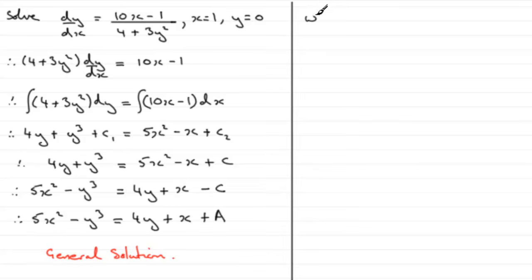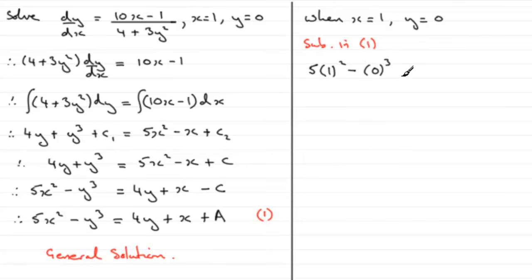So if we say when x equals 1, y equals 0, and we'll number this, say 1, we'll sub these values into 1, and what we have is that 5 multiplied by x squared, x being 1, so put that in as 1 squared, minus y cubed, y was 0, we'll just put the 0 there just to show that we did pass through that stage, equals 4 times y, y being 0, plus x, which is 1, plus that constant of integration a.